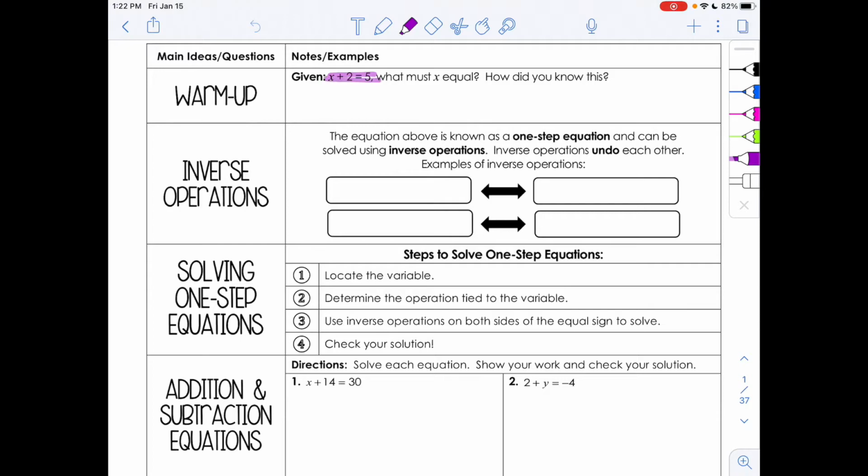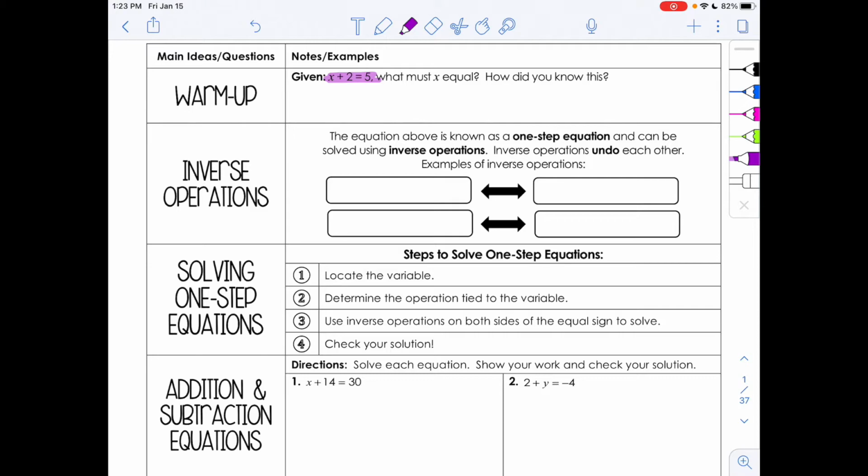X plus 2 equals 5. What must x equal, and how do you know this? So when you look at this equation, remember x is a variable which represents an unknown number. And because this is an equation, x is going to represent a specific number. So with expressions, you had to be given that number it equaled. But with equations, we can solve these equations to determine what that variable equals.